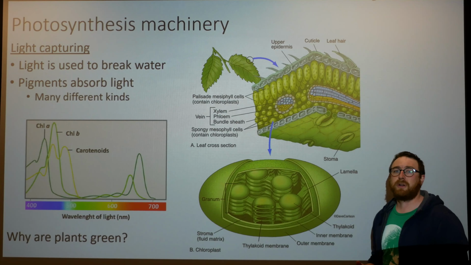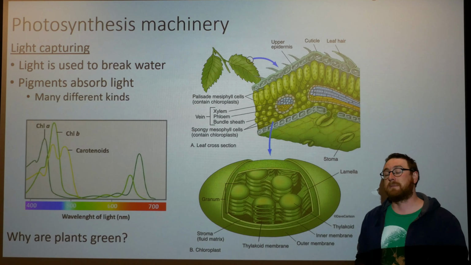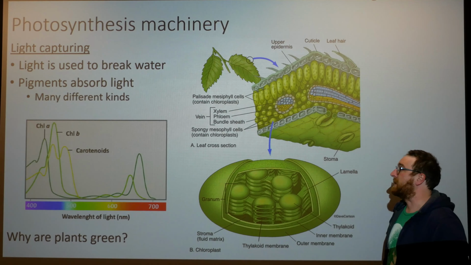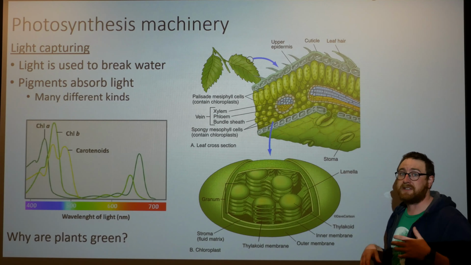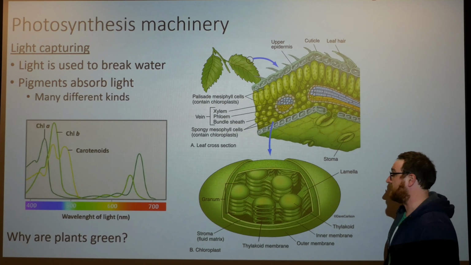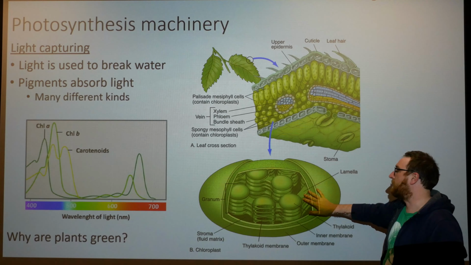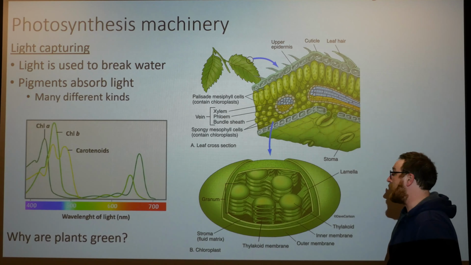The machinery of photosynthesis to do all those complex chemical reactions is rather simple and elegant. First, we have our light capturing pigments. And remember, this light is used to break apart water and start this whole complex process. And plants do this by having pigments that are located in their chloroplast, a type of plastid organelle.